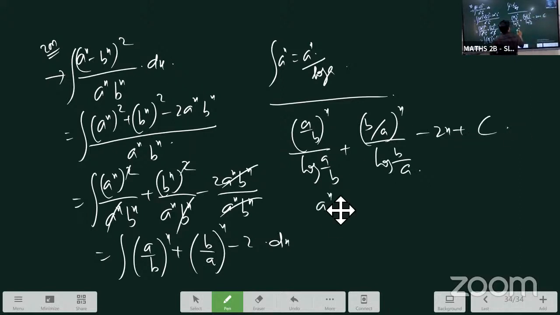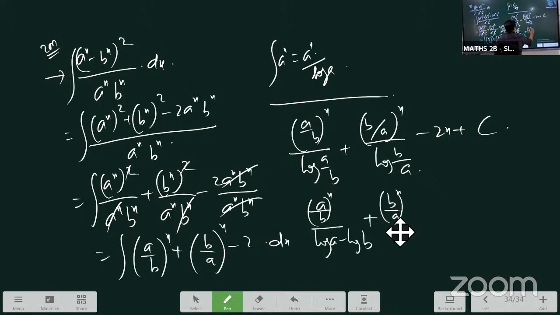And this is log a minus log b, and this is log b minus log a, minus 2x plus c. That's all. So for today we'll stop here. Very important for 2 marks this is. Okay. So we'll continue tomorrow.